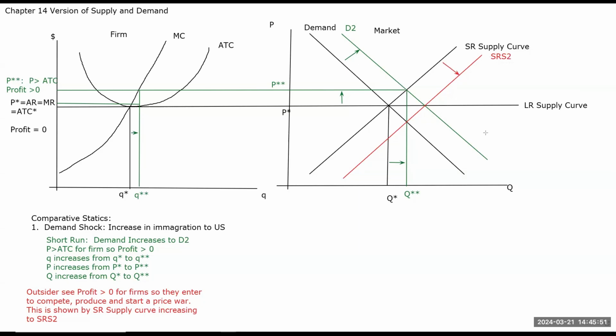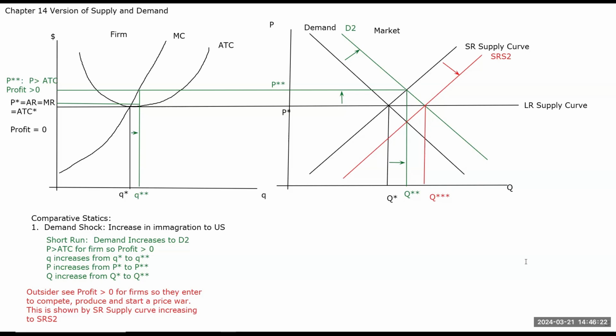And so we have this. And then we have a new equilibrium right here with Q triple star. As these firms enter and they start a price war and they start undercutting each other, more people want to buy this product.